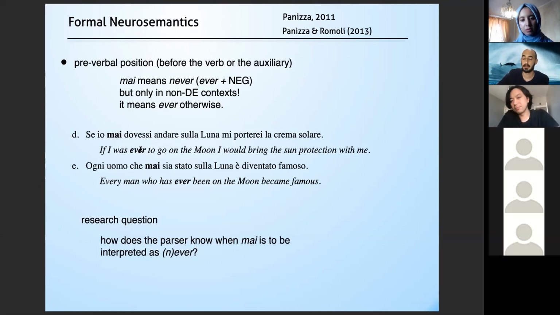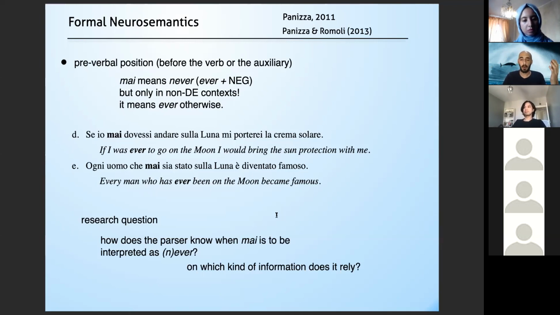The question is, how does the parser know when "mai" is to be interpreted as "never" and when it has to be interpreted as "ever"? What is going to tell our parser that "mai" means "never" in that particular context? On what kind of information does the parser rely, and when is the information accessed?